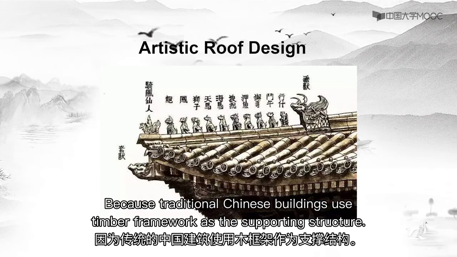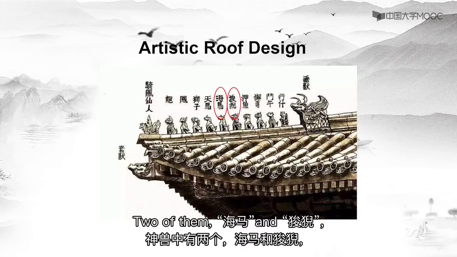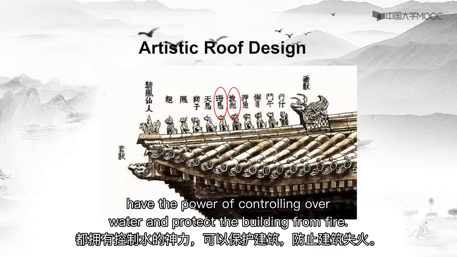Because traditional Chinese buildings use timber framework as supporting structure, 2 of them, 海马 and 酸泥, have the power of controlling over water and protect the building from fire.